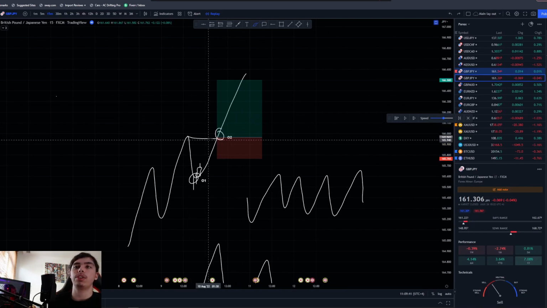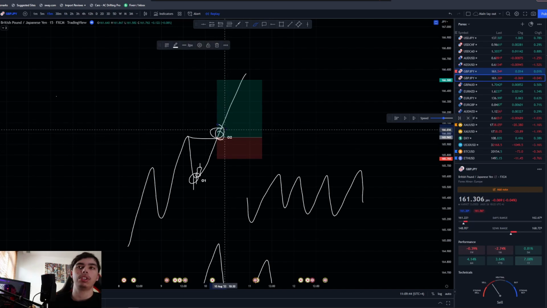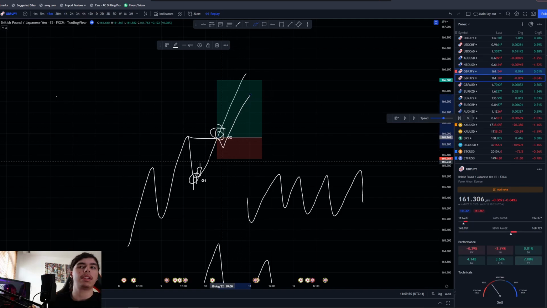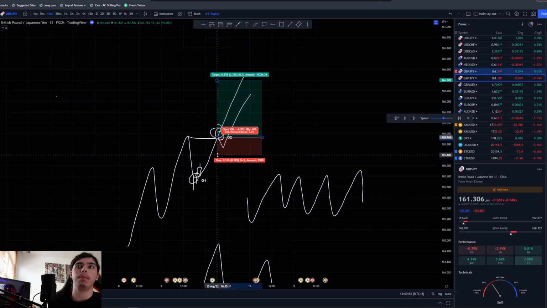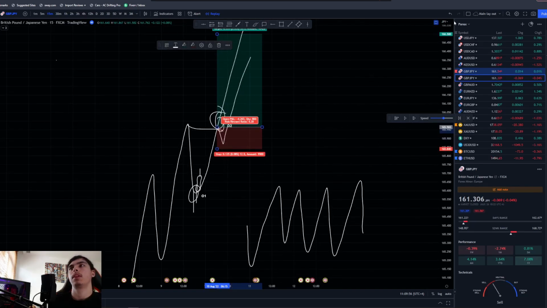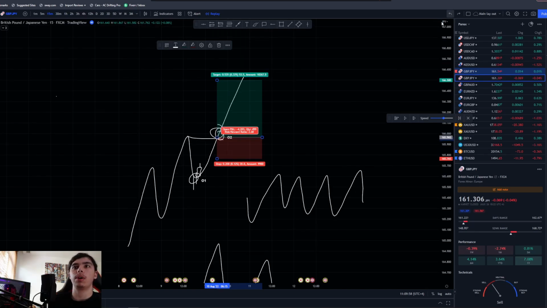So if you're taking this option, which is a continuation, you either wait for some type of structure to form, then break the highs, so you can keep your stop below that structure, and that's how you keep your stops tight. Or if you're looking to keep your stops below a candle, you need to be trading in times of volume.